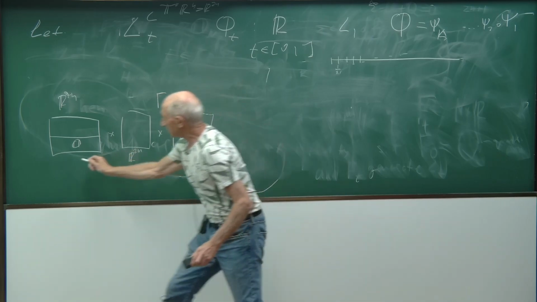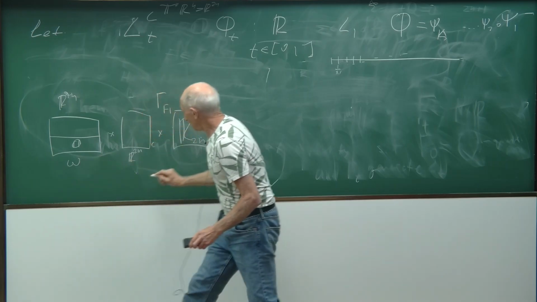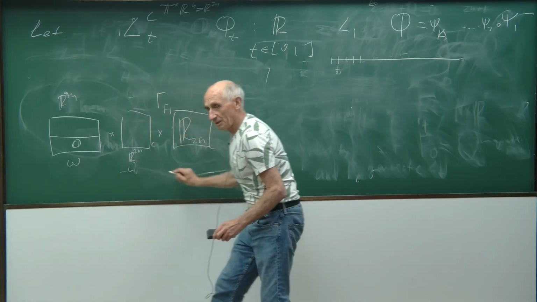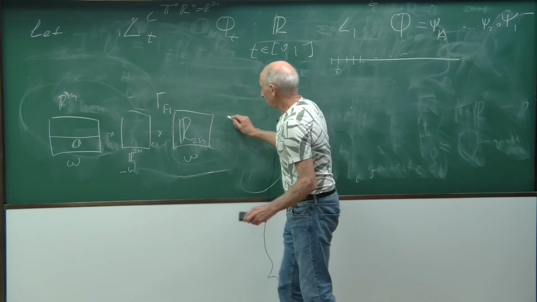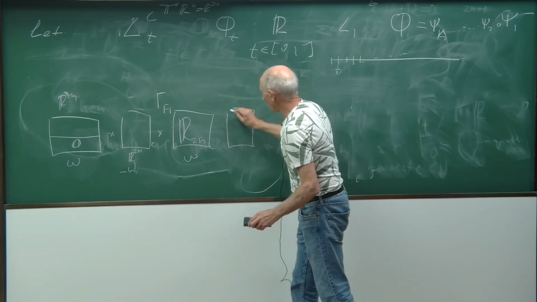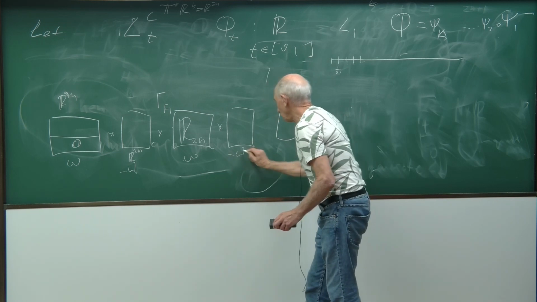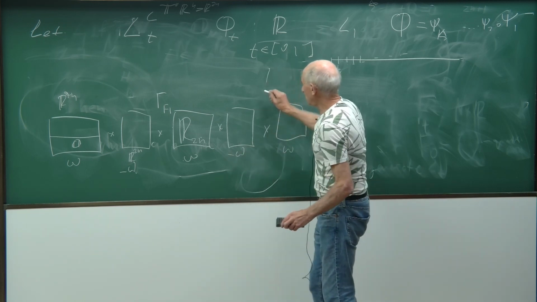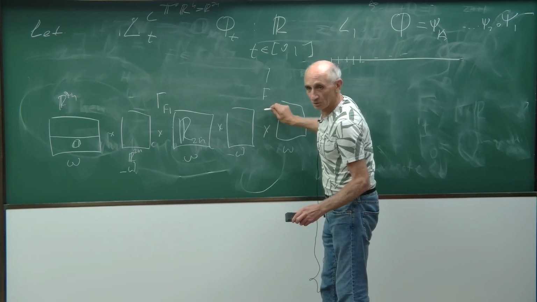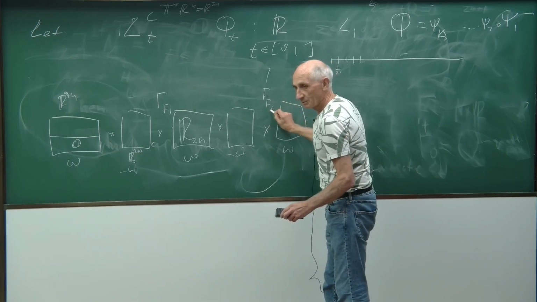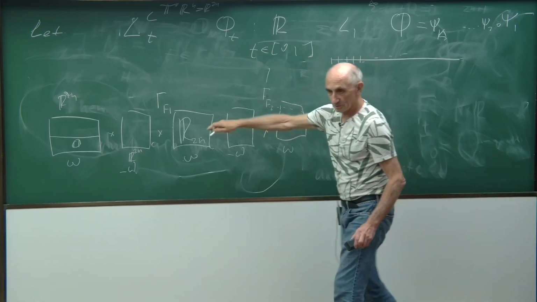And here I consider the symplectic form omega. Here I consider minus omega. Here again omega. So now I have a cross. And here I consider the graph again, with minus omega, omega, and here I consider the graph of psi 2, etc. Okay?